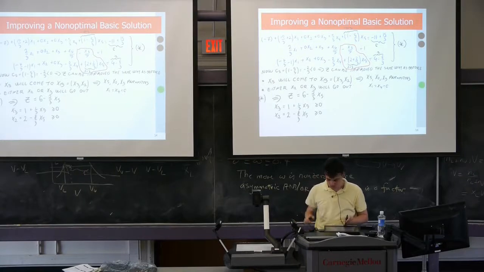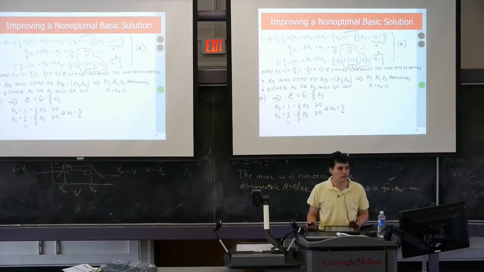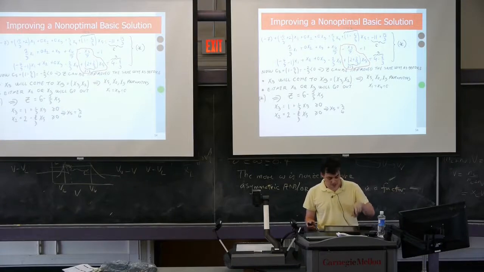So based on this, we need to set the value of x5 to 3 over 4, because then x2 will become 0. In other words, x2 will go out and x5 comes into our basis. And there's another lesson here.